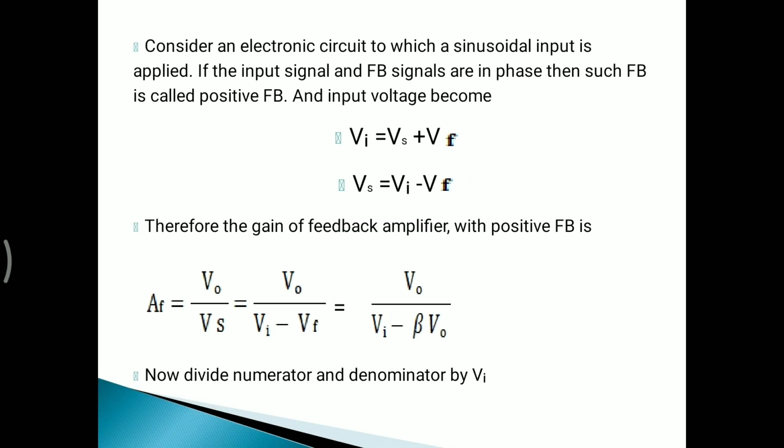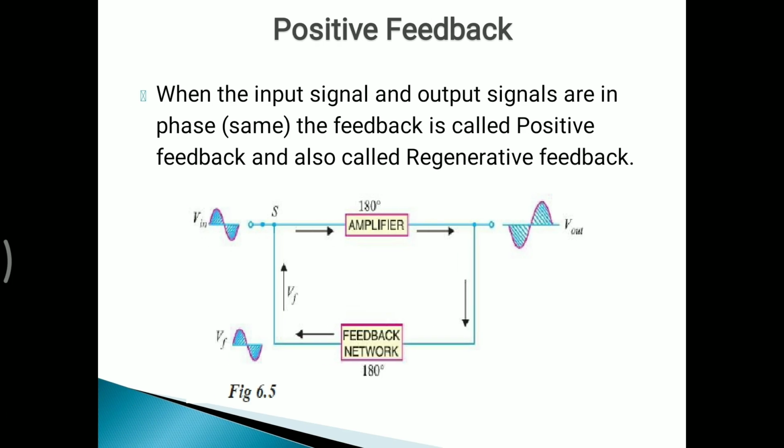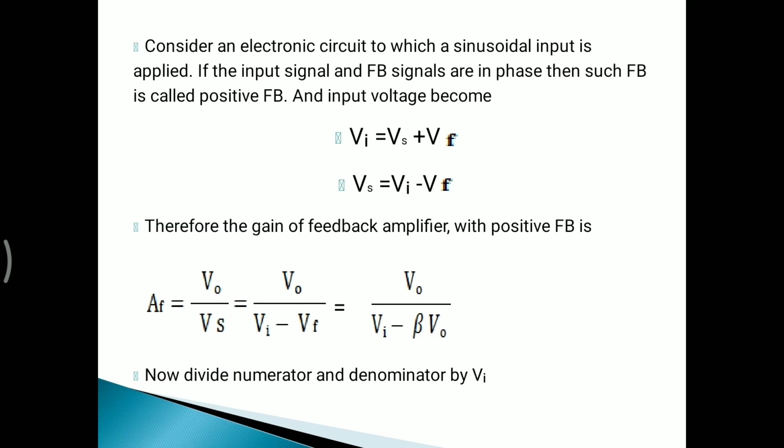So consider an electronic circuit to which a sinusoidal input is applied. Here I am applying a sinusoidal waveform as the input. If the input signal and the feedback signal are in phase, then such feedback is called positive feedback. The input voltage becomes Vi equals Vs plus Vf, because the source voltage is added with the feedback voltage.